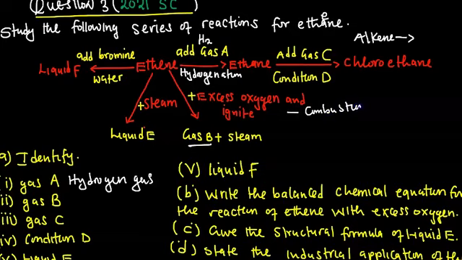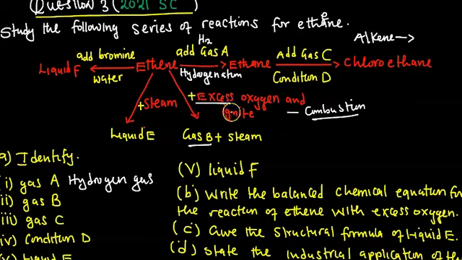So ethene undergoes a combustion reaction. In this case, what is produced? Gas B and steam. Now, generally, ethene or alkene undergoes combustion to produce carbon dioxide and water, in plenty supply of oxygen, or excess supply, or full supply of oxygen.